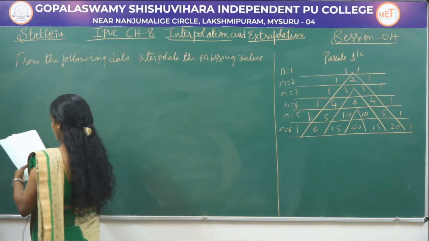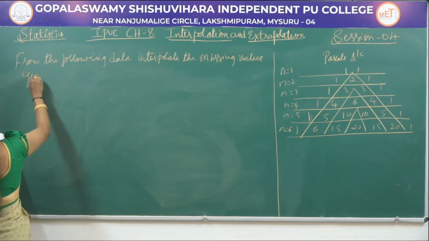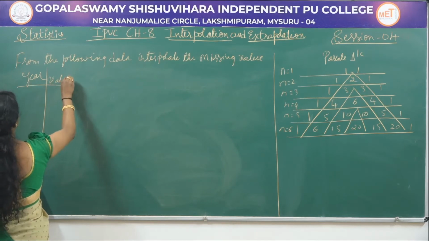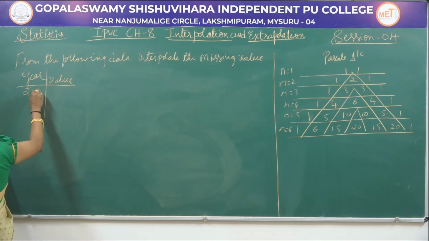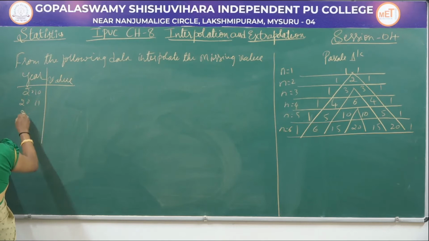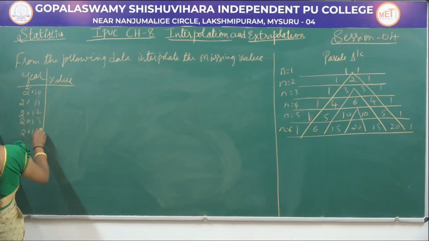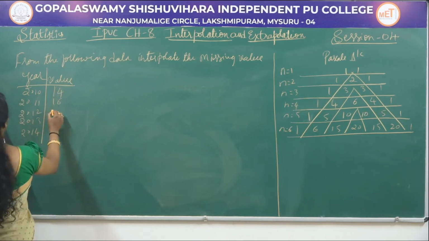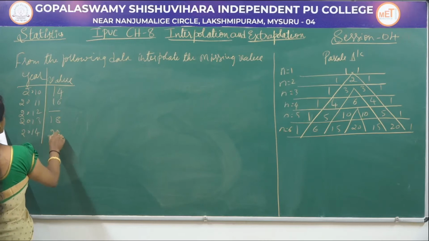First, the years and values: 2010, 11, 12, 13 and 14. Values: 14, 16, 18, 22.